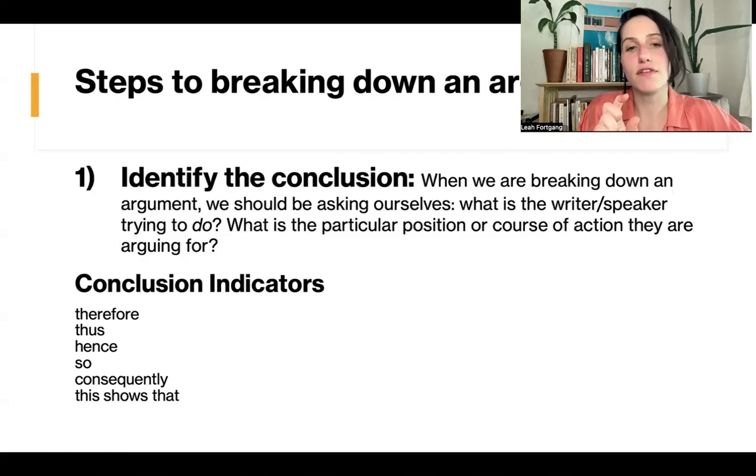These indicator terms that show where a conclusion is in an argument are terms like therefore, thus, hence, so, consequently, this shows that, and I'm sure you could think of more beyond that.